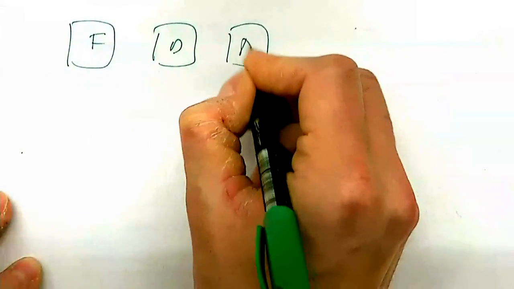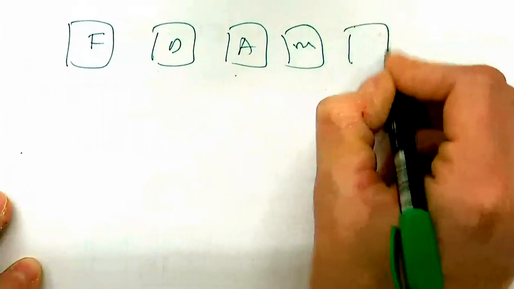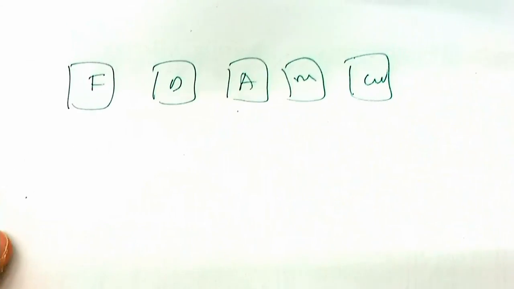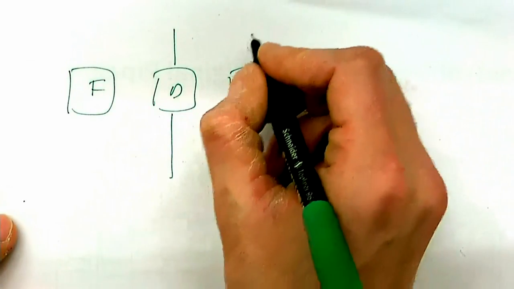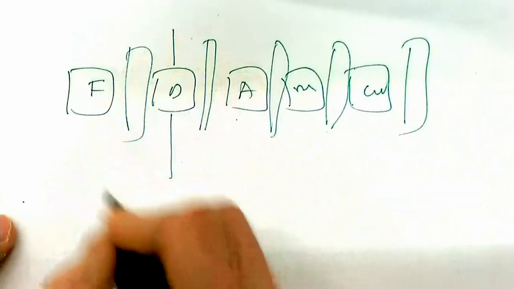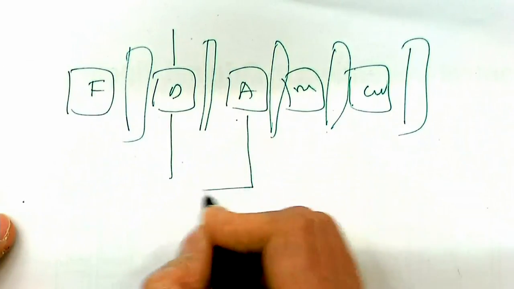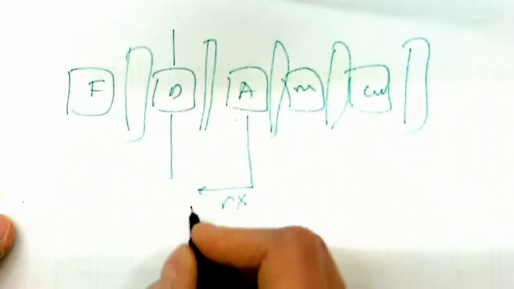You have this fetch stage, you have this decode stage, ALU stage, memory stage, and write back stage. And you can hopefully see. So basically, an instruction needs to wait for its operands here. I'll just put the pipeline registers, why not? My ugly pipeline registers. So an instruction may be writing to register X over here.